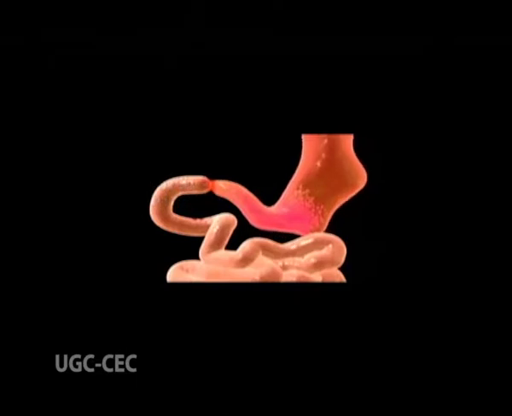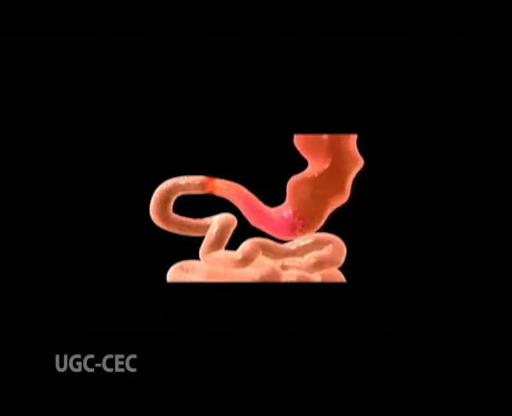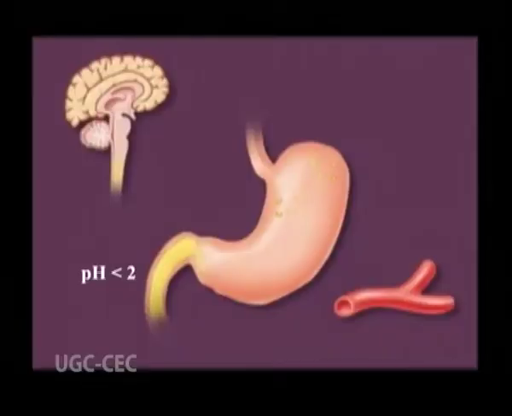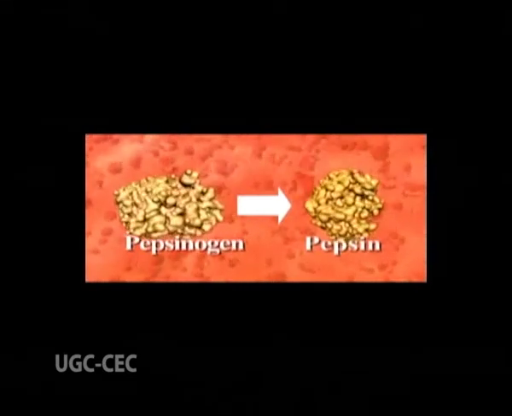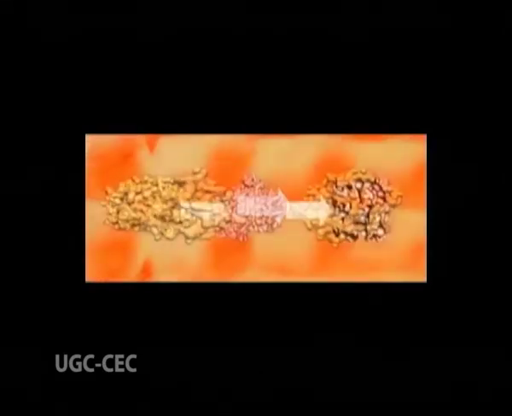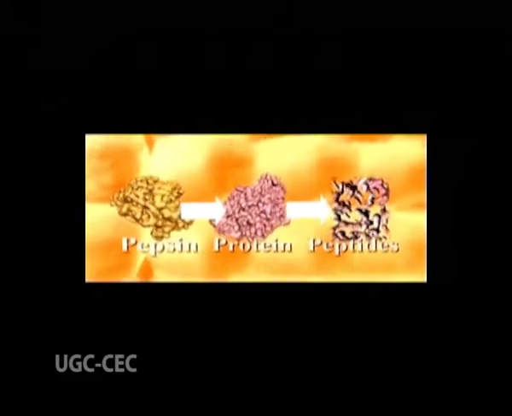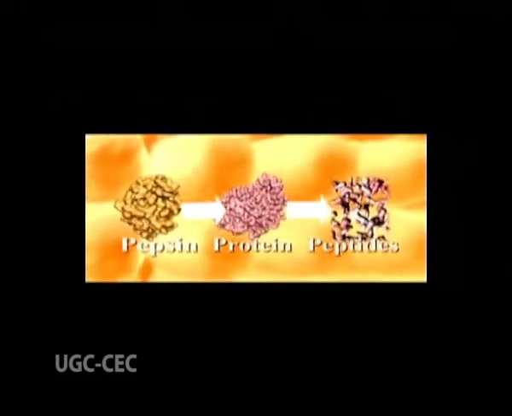Gastrin secretion is inhibited when the pH of gastric juice drops below 2 and is stimulated when the pH rises. This negative feedback mechanism helps provide an optimal low pH for the functioning of pepsin, the killing of microbes, and the denaturing of proteins in the stomach.